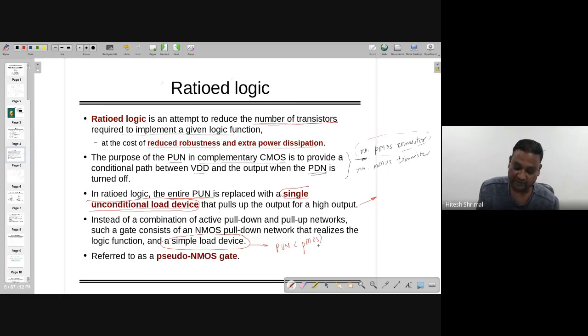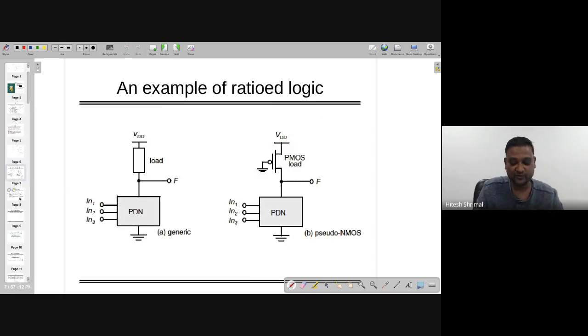So we are going to remove that power up network, but the rest of the things will be the same as it was. And the name of such a family is pseudo-nMOS gate. So the first thing which we are studying is the pseudo-nMOS gate.